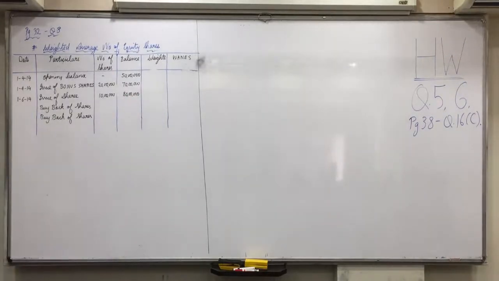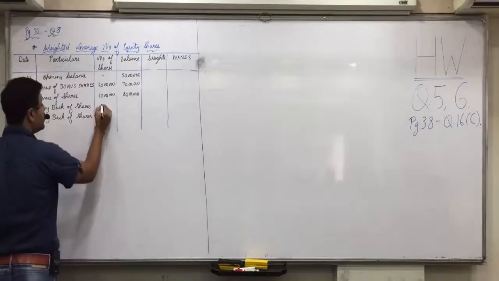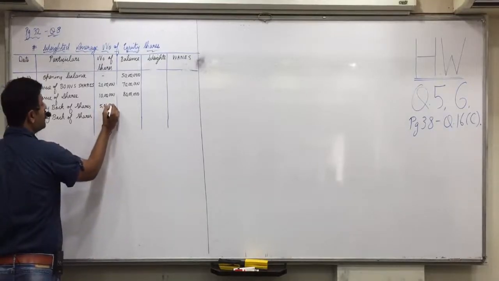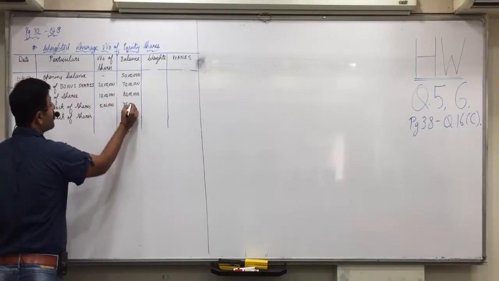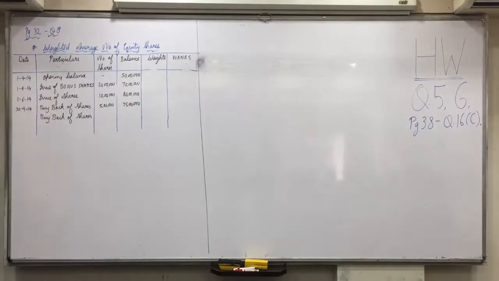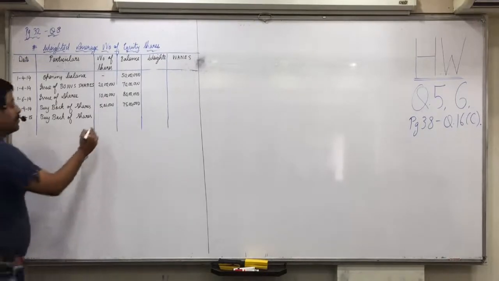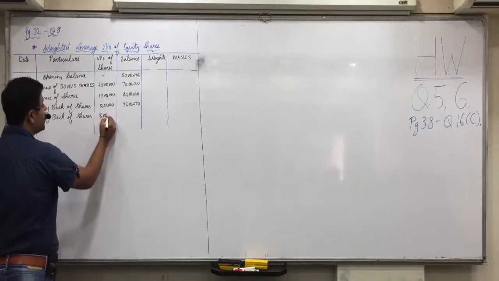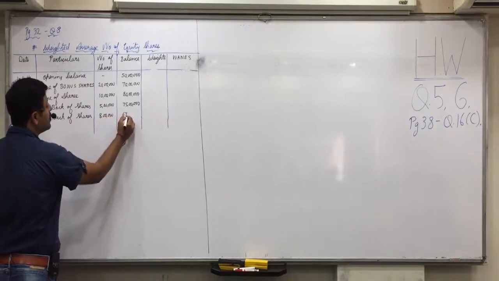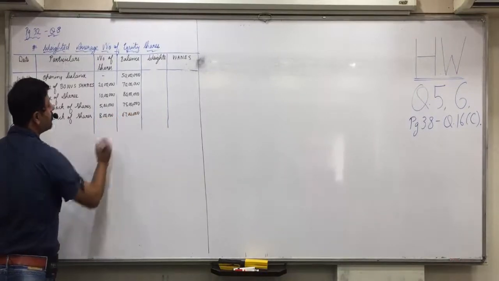Then on 3914 there is buyback of shares of 5 lakhs that we will minus. So 80 lakhs minus 5 lakhs, 75 lakhs. And again on 1,215 there is buyback of shares of 8 lakhs. So 75 lakhs minus 8 lakhs, 67 lakhs.